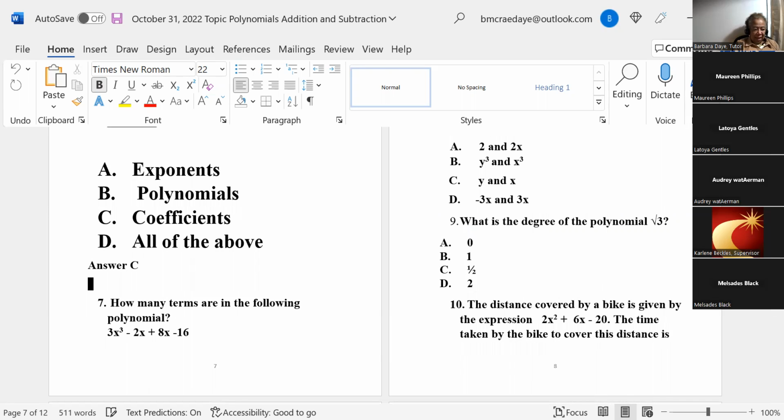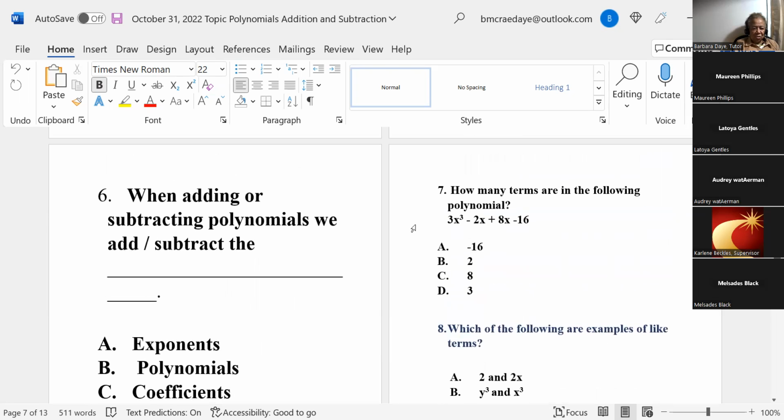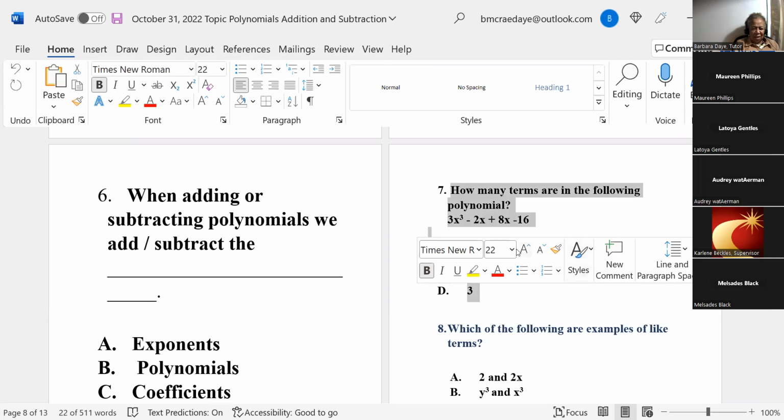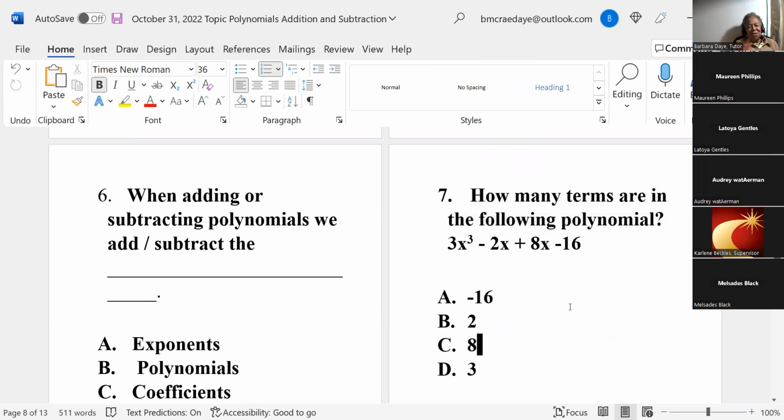Number 7. Audrey, how many terms? You said 2 terms. What are your 2 terms? 3x to the third minus 2x plus 8x minus 16.